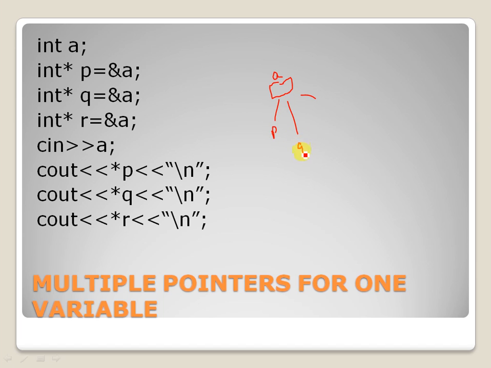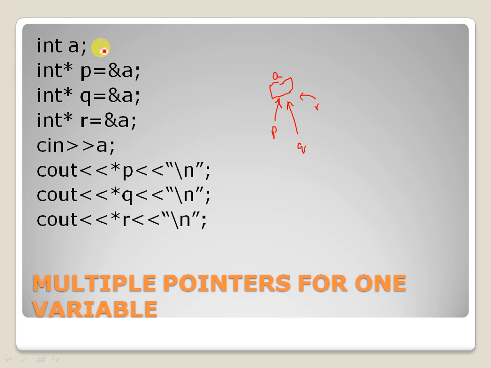So p is also pointing to a, q is also pointing to a, and r is also pointing to a. So this is the flexibility of pointers, or how multiple pointers can access the same variable.